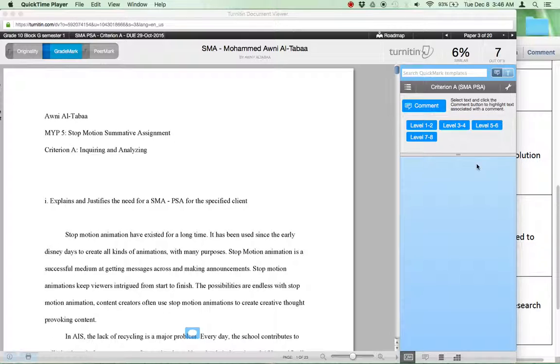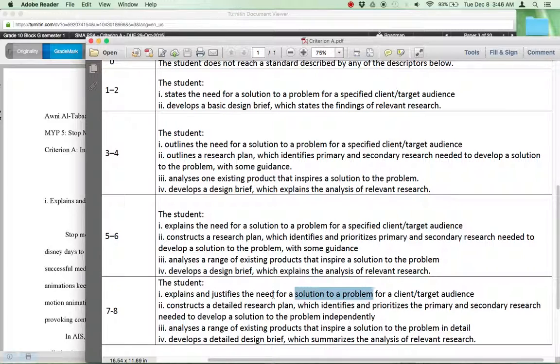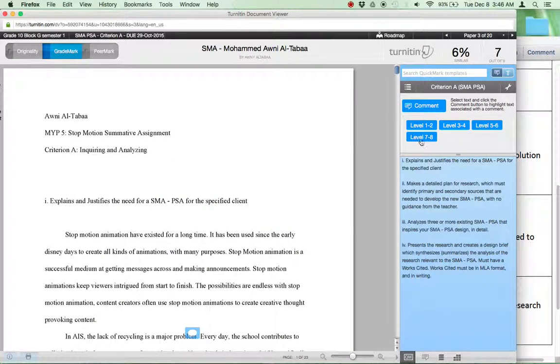This particular project is an SMA. While I'm doing it, I'll be referring to the default Criterion A, but of course we have our very own for the specific project.